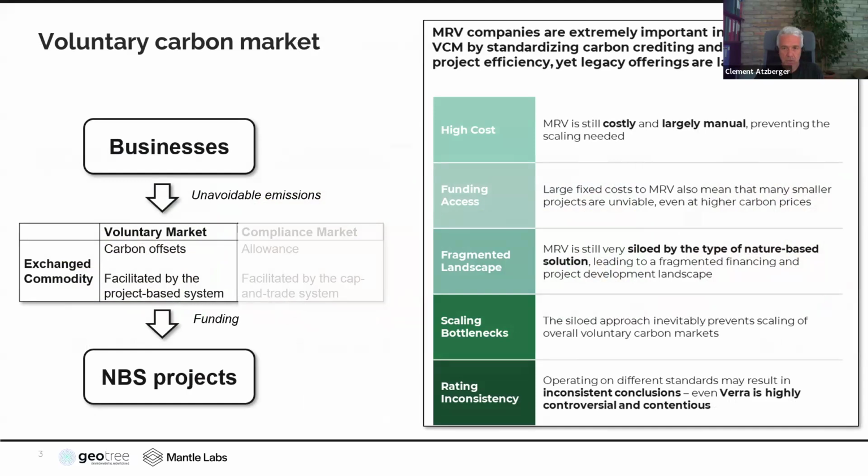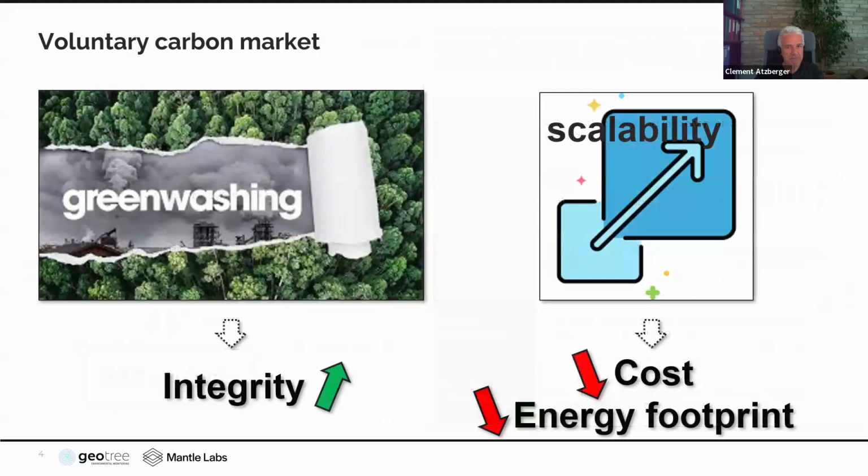Contrary to the compliant market, it's really voluntary, as the name suggests. So people invest in NBS, nature-based solution projects, but you need good monitoring and verification solutions, because there are a lot of issues in this market, unfortunately. And we want to help solve these issues so that the market can really take up, so that we get better products, more products.